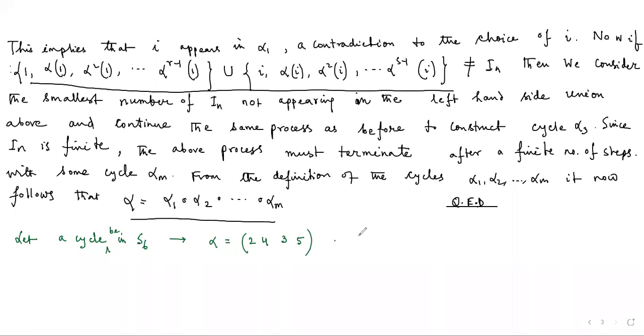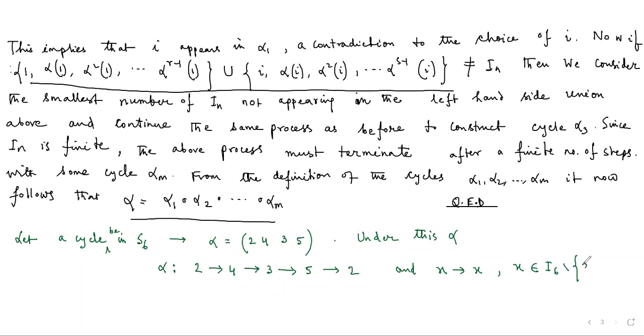So under this alpha, the elements are moving in the following manner: 2 is going to 4, 4 is going to 3, 3 is going to 5, 5 is going to 2. And not only this, x is going to x, where x belongs to I6 minus {2, 4, 3, 5}.